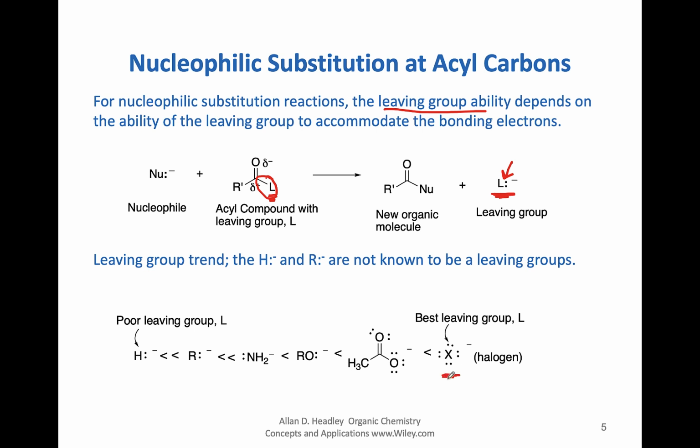Halogens, as you can imagine, are the best leaving group, or one of the better leaving groups. And we have here the acetate anion, followed by the alkoxide, getting extremely poor, the amide, extremely poor, and getting to the H-, which does not leave.